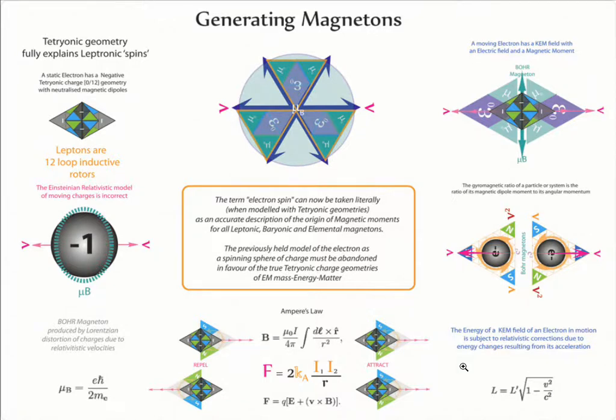Of course, in the case of electrons, and that's important to note here, as highlighted in the middle of the page, the electron itself is a 12 pi geometry, a lepton geometry where the three tetrions are held apart in a unique three-pole rotor geometry by the repulsive strong force between their charged fascia.